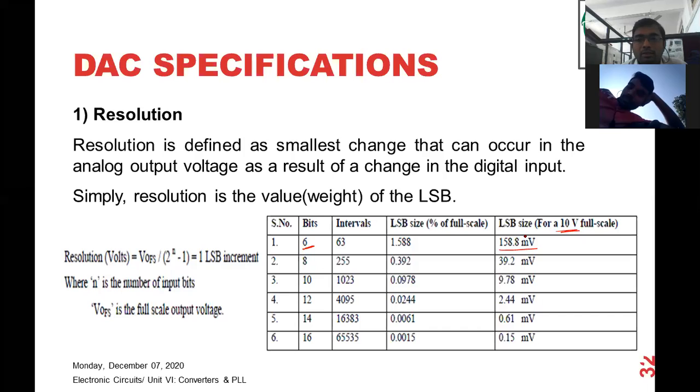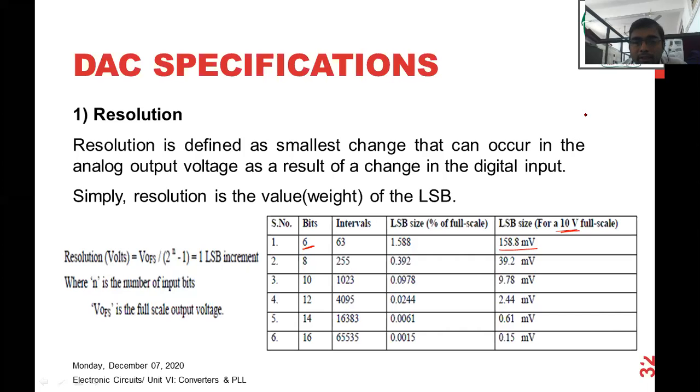So this is the resolution of the DAC having a 10 volt full scale voltage, and in terms of percentage of full scale, it would be 1.588%. Similarly, as you increase the number of bits, the size of the LSB decreases, and the resolution gets better.